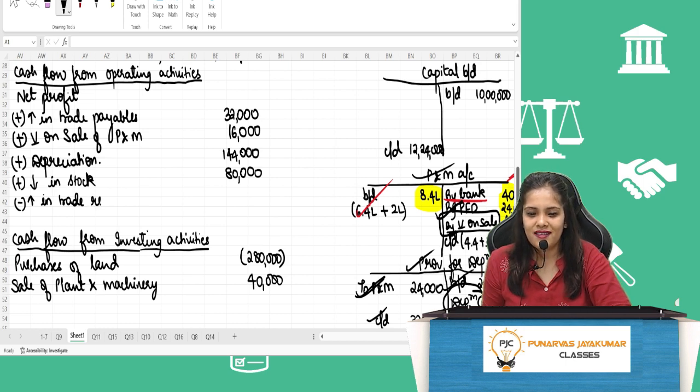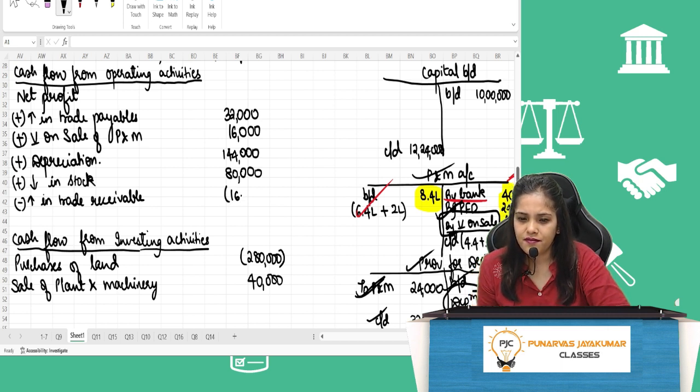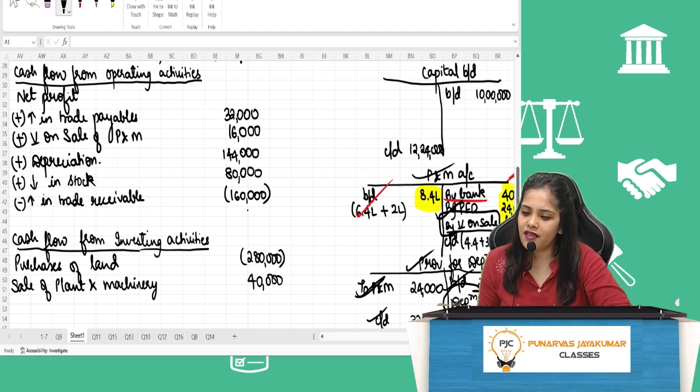Okay. No, nothing. Still nothing. How much is the difference, beta? 244 lakh 160. 244 equal. Cash will go to cash and cash equivalent at the end. Okay. Additional information. Machinery costing 80,000 was sold for 40.